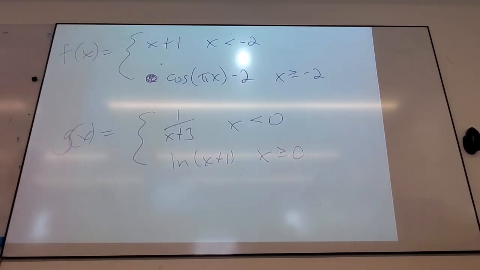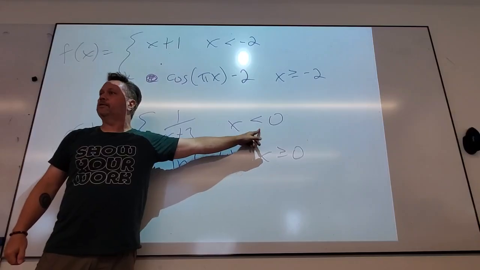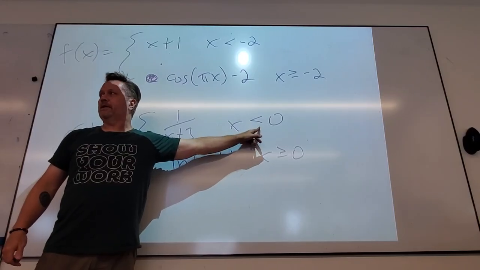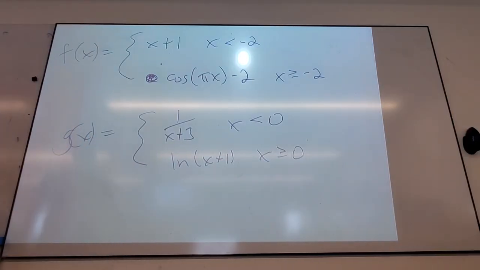Now looking at g. Don't both those functions have issues? Does the natural log have issues somewhere? In general, yes? And doesn't 1/(x+3) have an obvious issue? Where does 1/(x+3) have an issue? -3. And does it allow that as an input? Less than 0, is -3 less than 0? So it does. So where's one place that it's discontinuous because the function has an issue? -3.